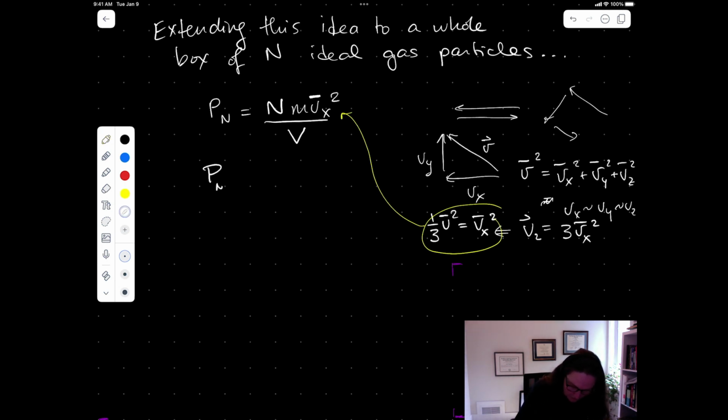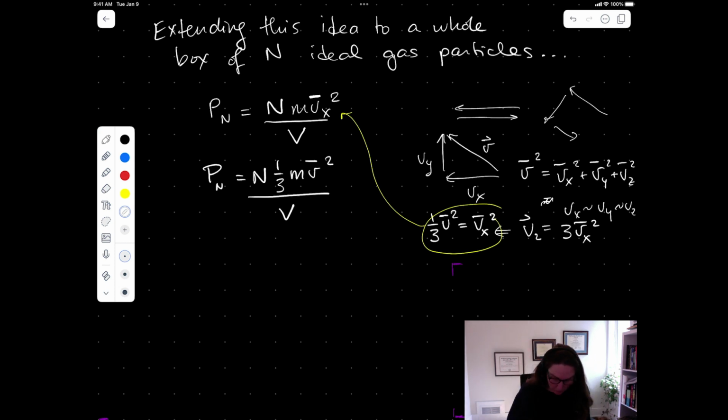So our pressure from n particles of ideal gas is the number of particles n times 1/3 m v average squared all over v. The other thing I want to point out is that mv squared kind of looks like kinetic energy. Kinetic energy is 1/2 mv squared.